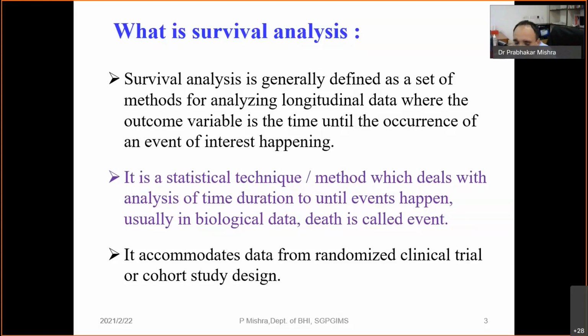So this type of analysis is mostly used in randomized clinical trials or cohort study designs. I already told you that for this method we need follow-up. Follow-up is only possible in such studies, because in a cross-sectional study, where we take a snapshot of the data, it is not possible to use survival analysis.